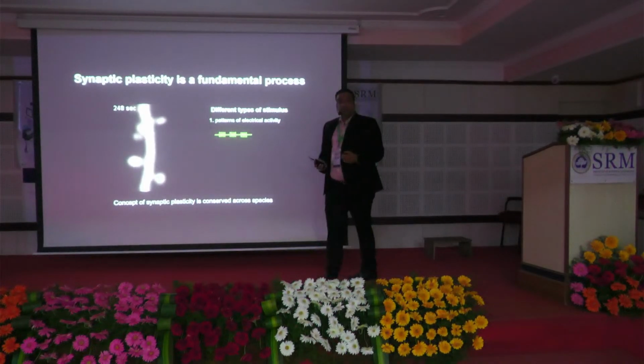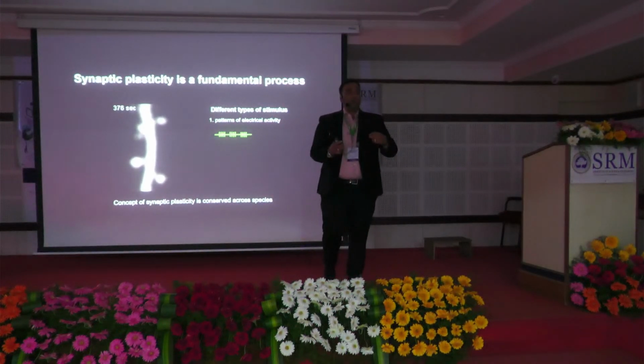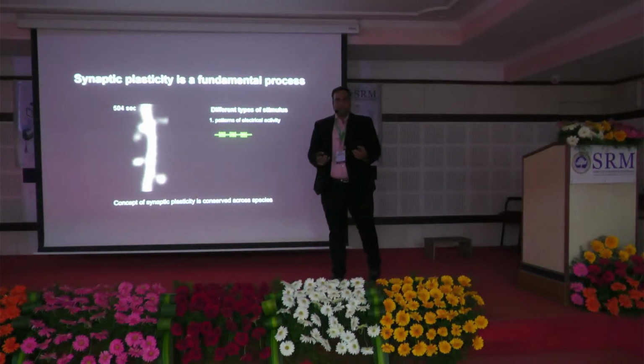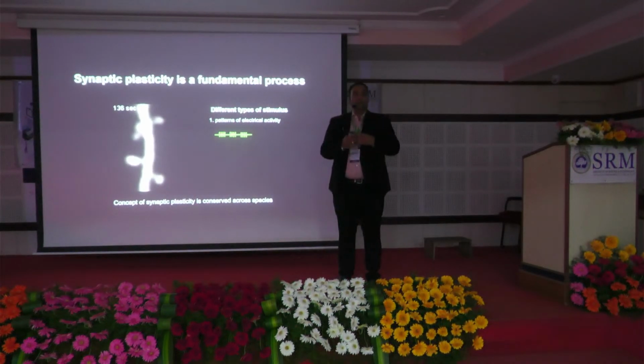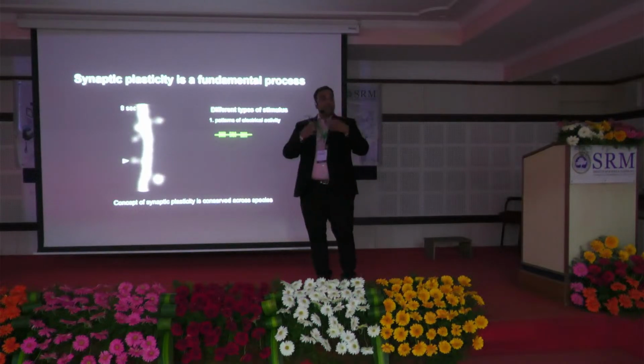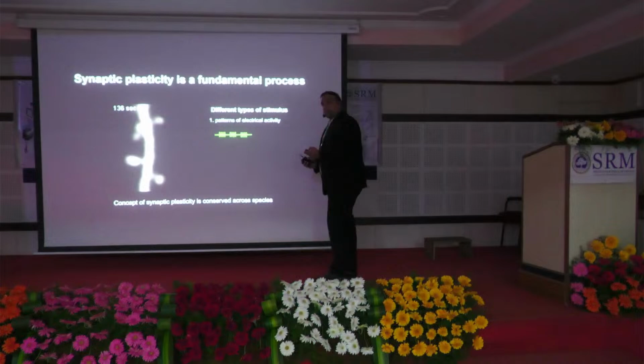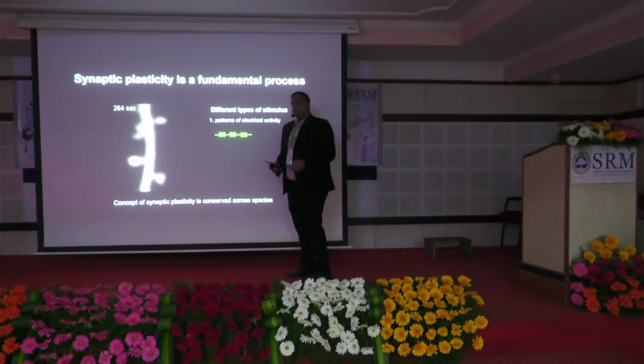Scientists have now identified various mechanisms of this type of memory formation. There can be patterns of electrical activity. For example, before the exam, you will be asked to mug up a certain concept. What you do is you try to say it out 5 times, 10 times, 15 times, right? So you're repeatedly giving that stimulation. So that can be one way you can change the strength of the synapse.